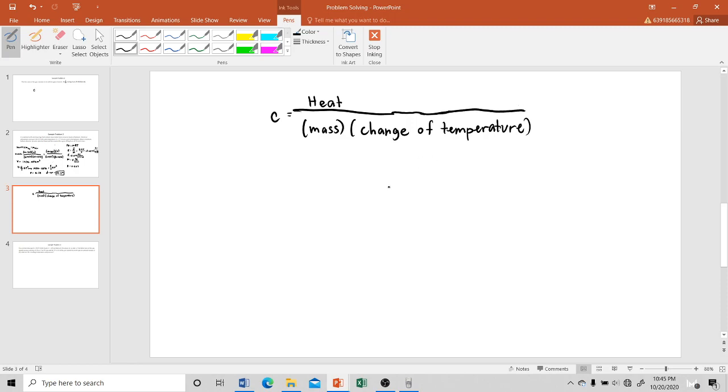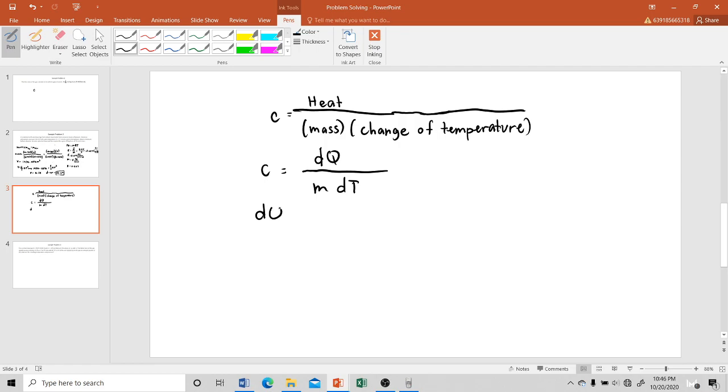So in mathematical form, or differential quantities, we have C is equals to dq over m times delta t.